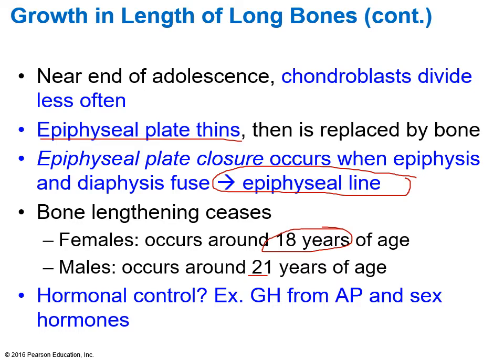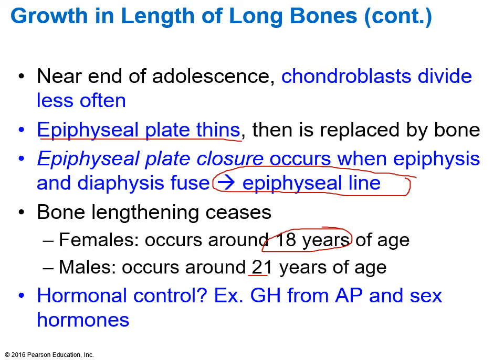There's been lots of research showing that the epiphyseal plate will respond to hormonal controls. We see that the spike of growth hormone from the anterior pituitary gland and an increase in testosterone and estrogen, marking the beginning of puberty, usually also stimulate an increase in growth within the epiphyseal plate.